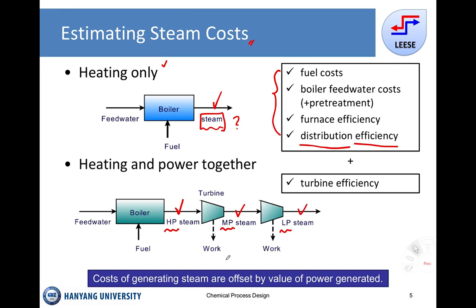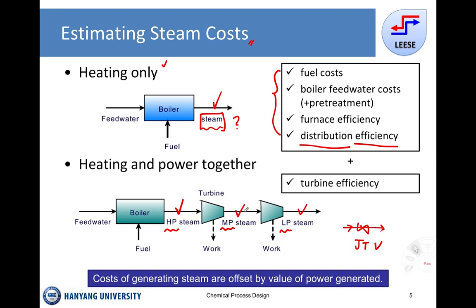Then, as I said before, reducing the pressure can be done either by the steam turbine or a JT valve, okay? So the JT valve is a device to reduce the pressure as well, but this one just decreases the pressure.